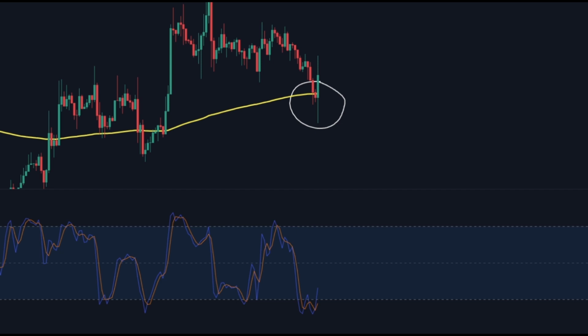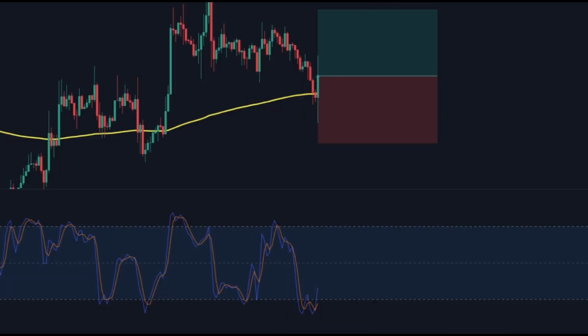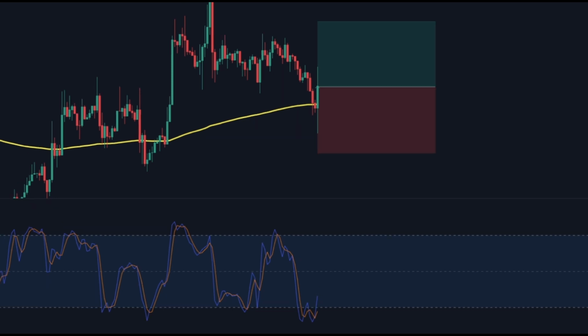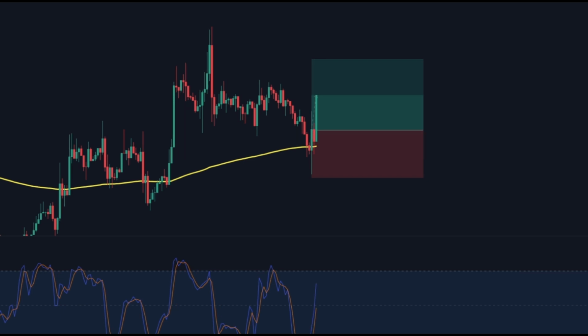When the stochastic crosses below the 20 line, we can then take a buy position. Once you have entered the trade, you need to set your stop loss and take profit levels. Then you can enjoy your profits.